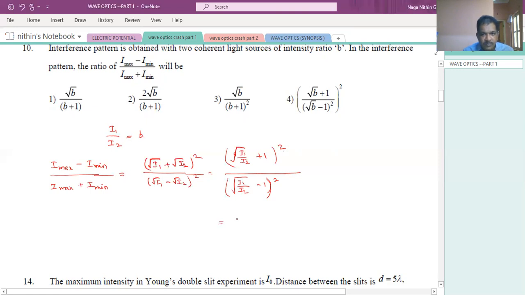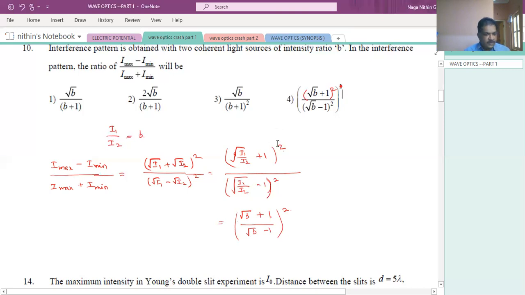So root b plus 1, and root b minus 1 whole squared. No option will be there; a printing mistake is there. Root b plus 1 by root b minus 1 whole square.